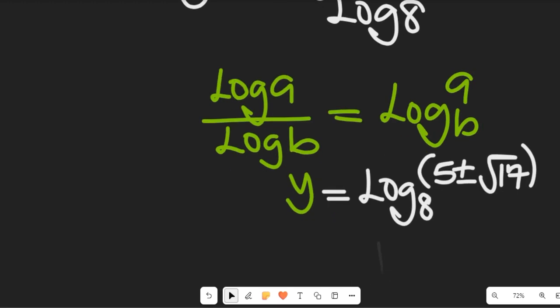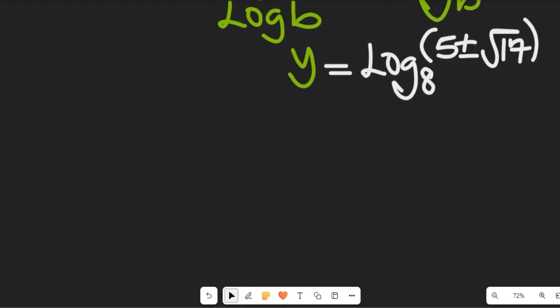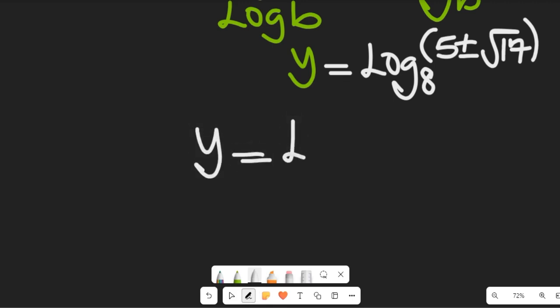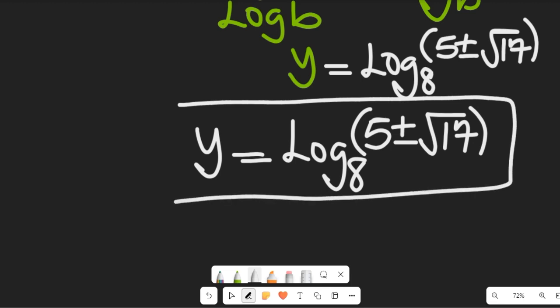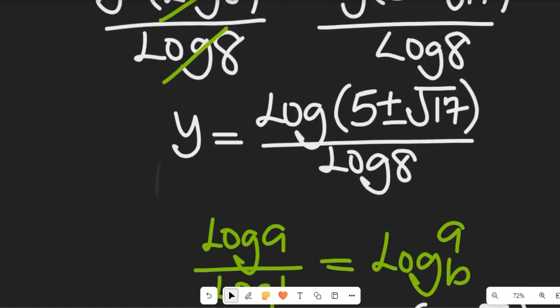And that is exactly what we're going to have for the value of y. So our y as the solution is equal to log of 5 plus or minus square root of 17 base what? Base 8. That is the solution to that Olympiad mathematics question that is given to us up there.